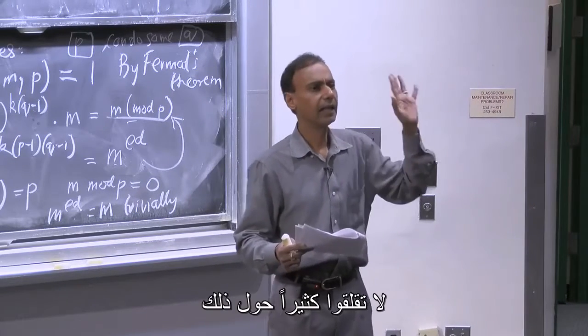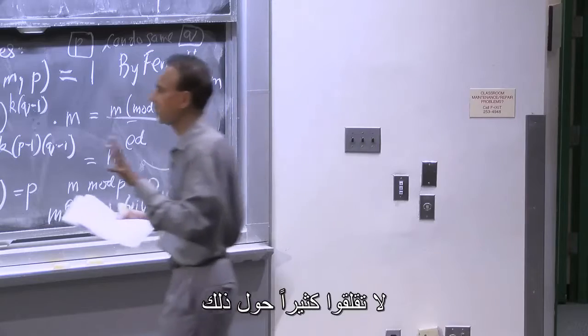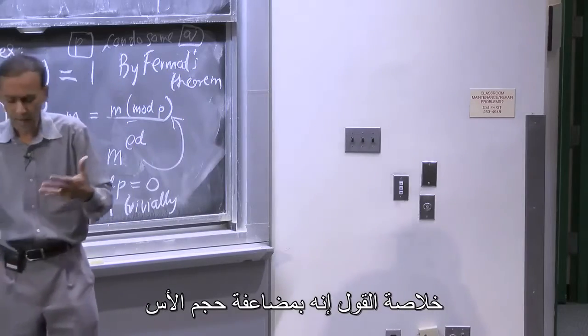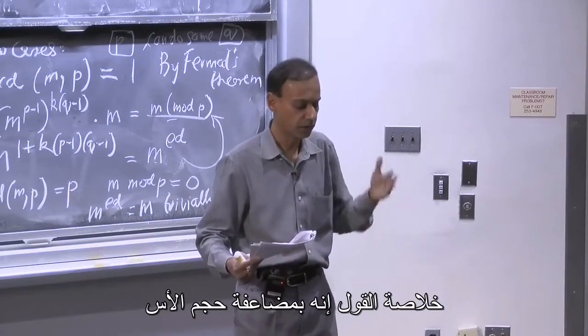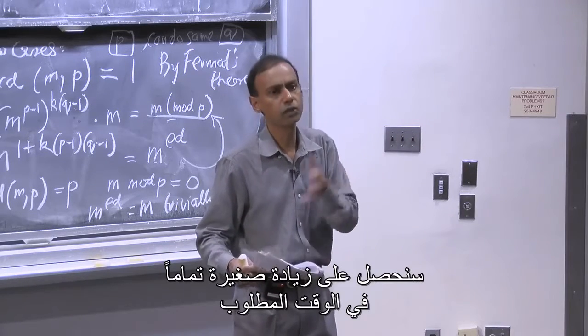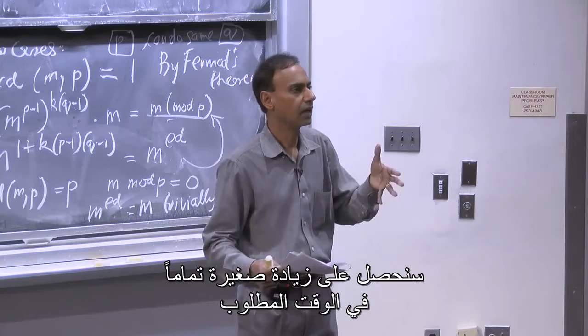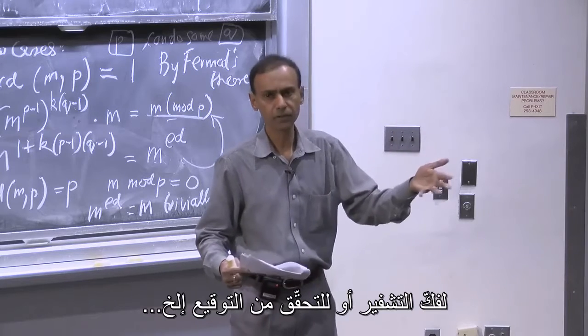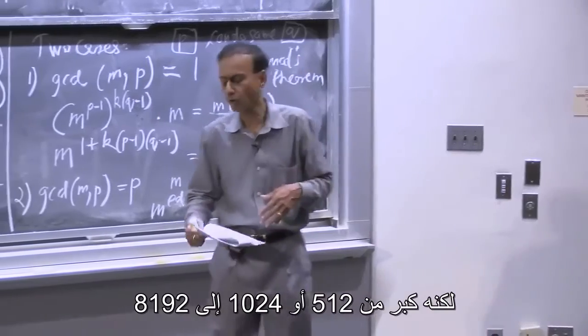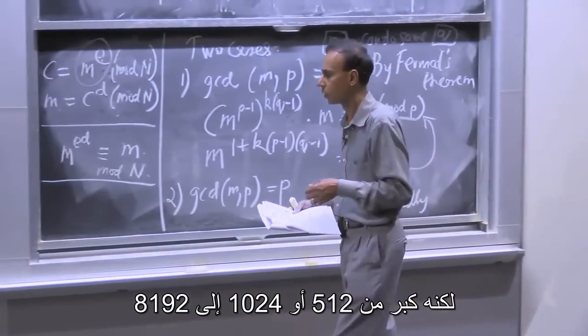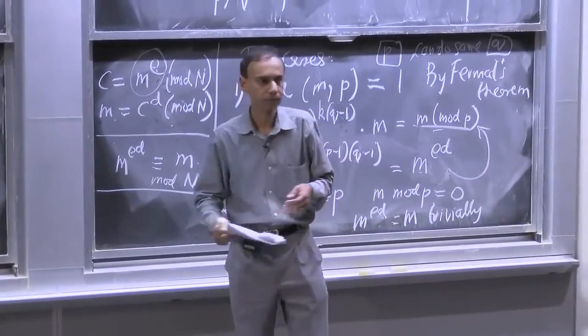But don't worry too much about that. The bottom line is that as you double the size of the exponent, you're going to have a fairly small increase in the time required to decrypt or to verify a signature, etc. Right? But it has grown from 512 or 1024 to 8192.